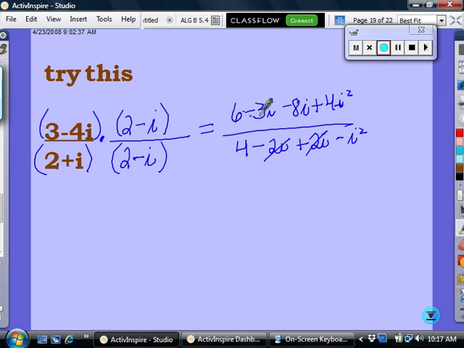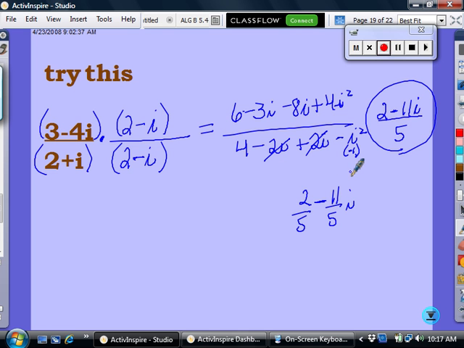So this is 6 minus 4, and negative 8i and negative 3i. And this is minus a negative 1, which becomes plus 1, and 4 is 5. So this is 2/5 minus 11/5 I, if I write that as a complex number.